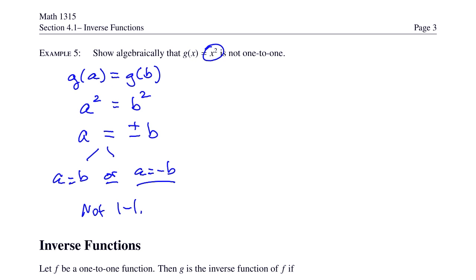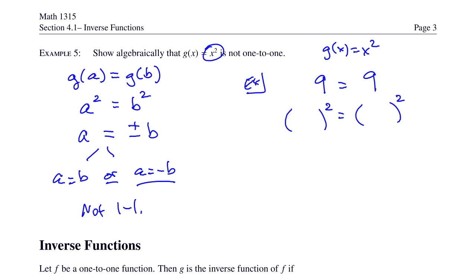As a concrete example, suppose we're still using the squaring function, and I say that 9 is equal to 9. But in the process of getting 9, what two numbers could I have squared to get 9? Positive 3 and negative 3. And these two things are not the same.